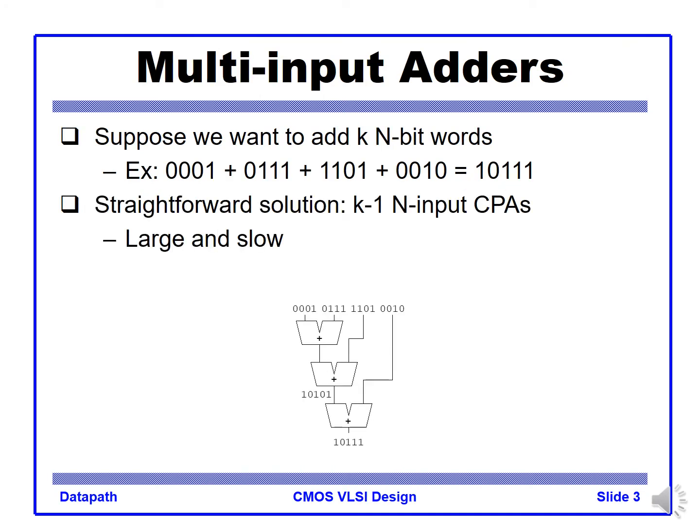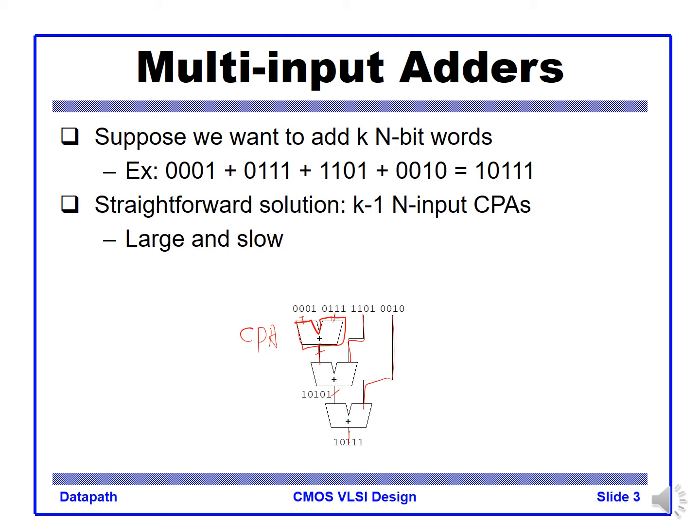The solution for this kind of addition is we can use 2-input adders. This is a carry ripple CPA, carry propagation adder. We add 4 bits and get the output. Another 4 bits get the output, and like this. So we add 2 at a time, and we can get the final result.